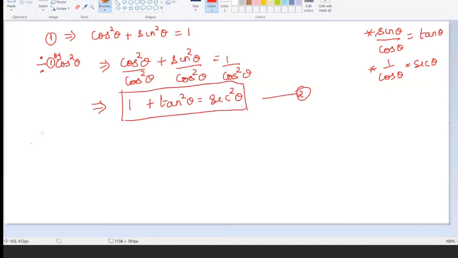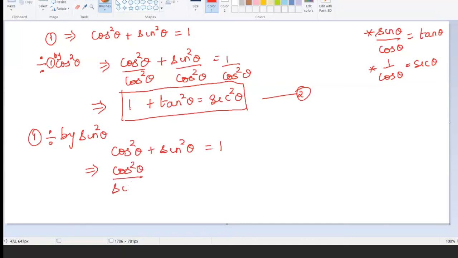Now the same first one, if you divide by sine square theta, I will get the third one. So the first one, cos square theta plus sine square theta is equal to 1. I divide by sine square theta, so this becomes cos square theta by sine square theta plus sine square theta by sine square theta is equal to 1 by sine square theta.